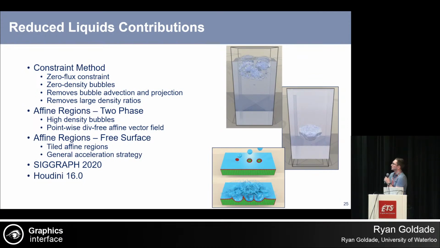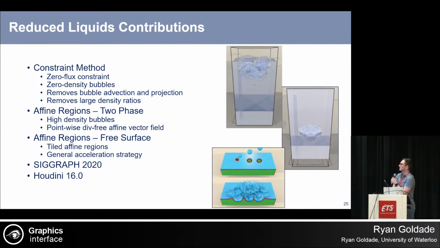Okay, so our contribution for this project was a 0 flux constraint, so this incompressibility constraint. This works well for 0 density bubbles. We don't have to simulate anything inside the bubble at all. We don't have to do advection or pressure projection, and we end up not having to have large density ratios between air and the liquid, which causes problems with matrix conditioning.